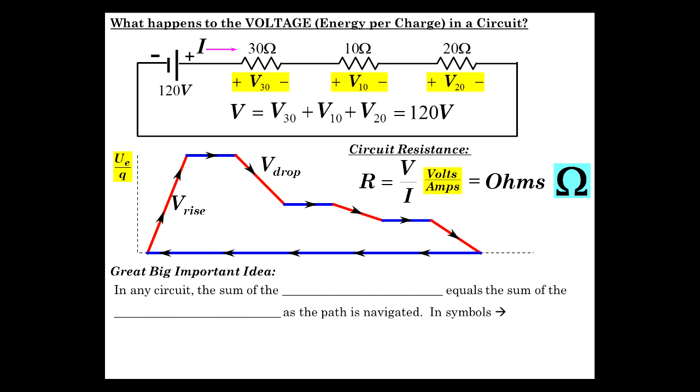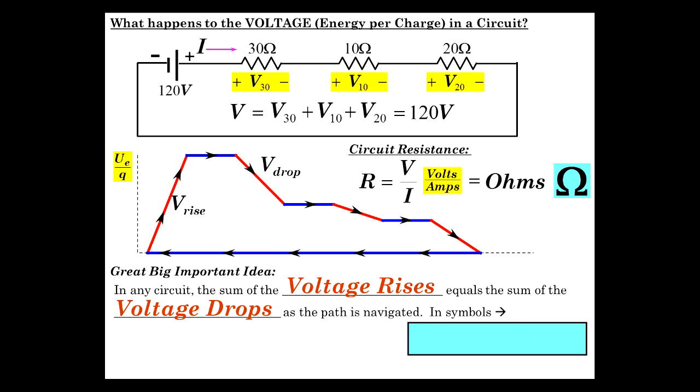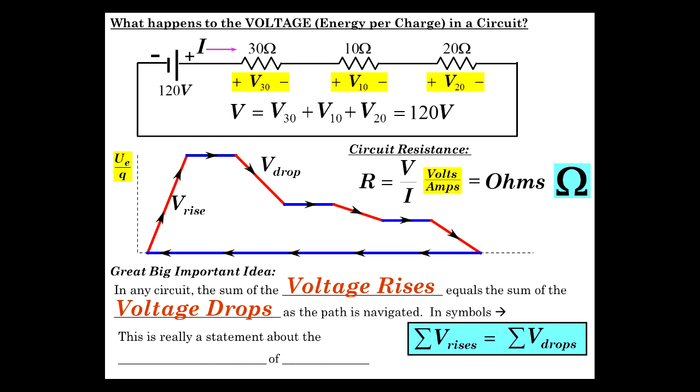And as I've already mentioned, now we'll put it in writing. In any circuit, the sum of the voltage rises, in this case that's the 120 volts, is equal to the sum of all the drops that we have in the circuit. So expressed mathematically, the sum of the voltage rises equals the sum of the voltage drops.